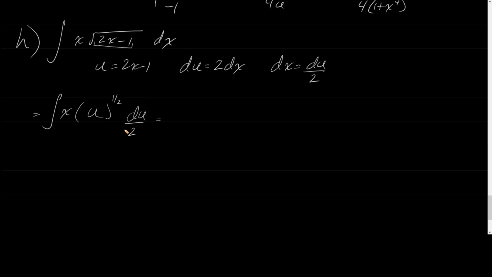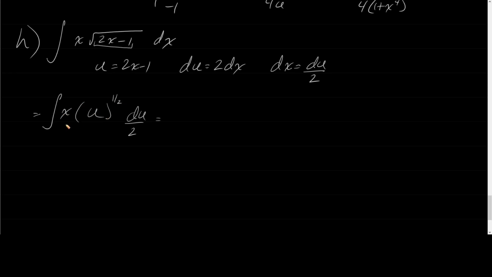Look at that. Now this is a problem, because we have x's and u's. U doesn't mix with x. So what we have to make sure that we do here is put everything in terms of u.